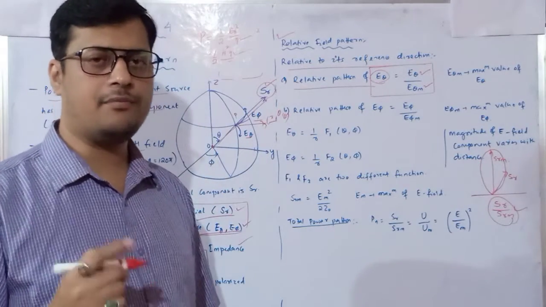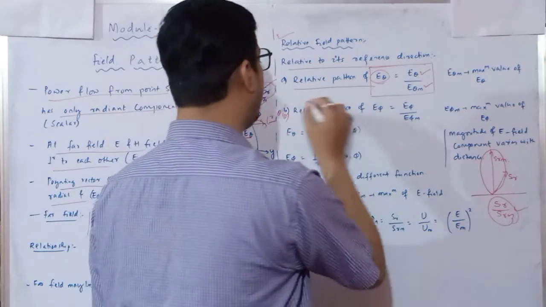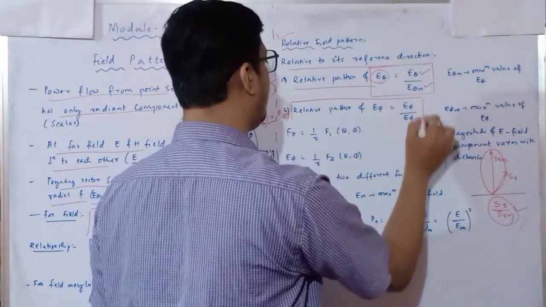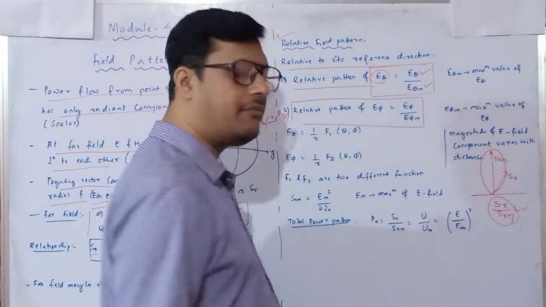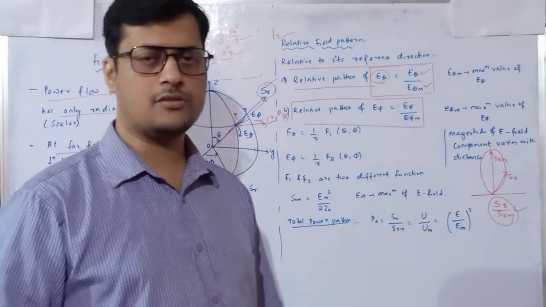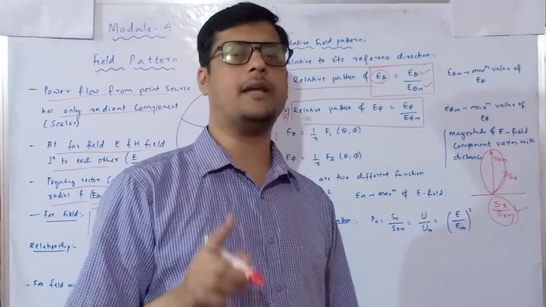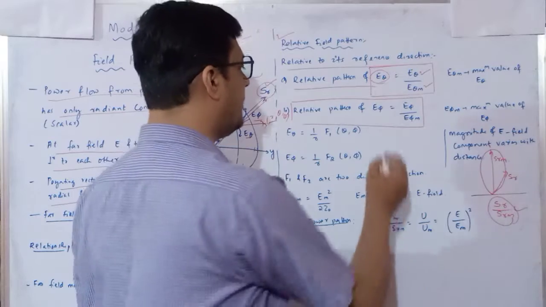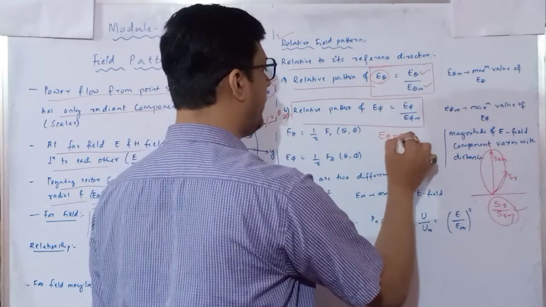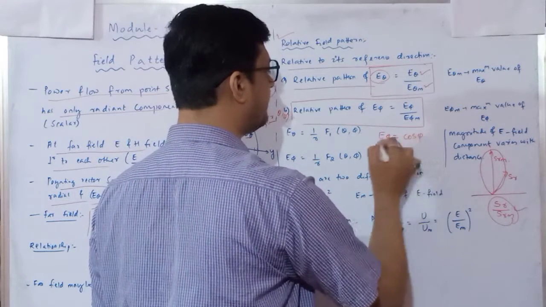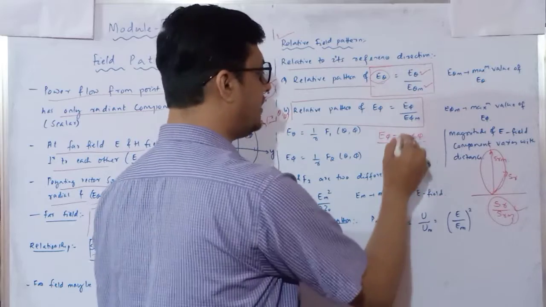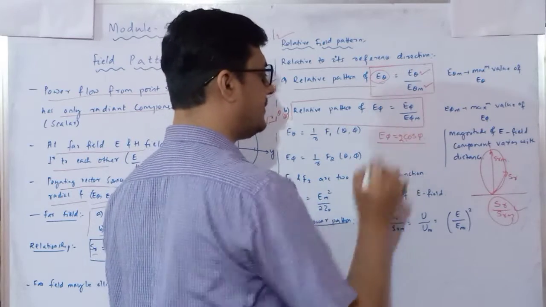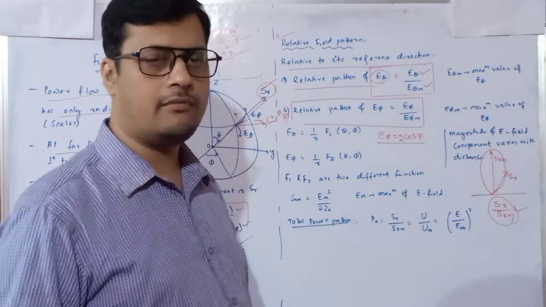Similarly, the relative pattern for E phi we can determine as E phi divided by E phi m. So what is E phi m? E phi m is the maximum value of E phi. For example, if I write E phi is equal to 2 cos phi, then what is the maximum value of this?